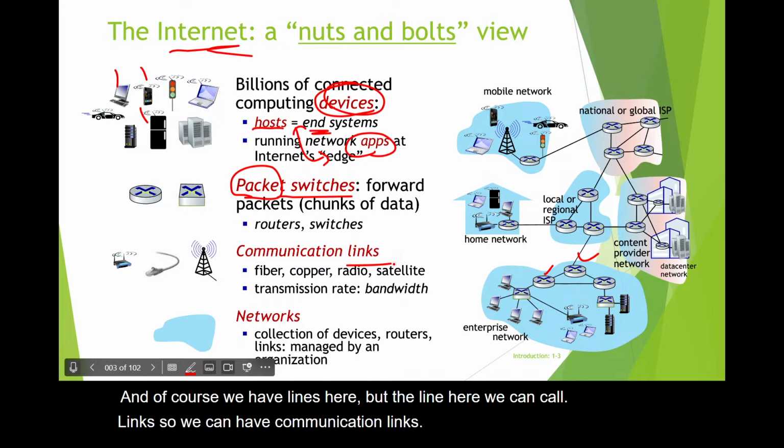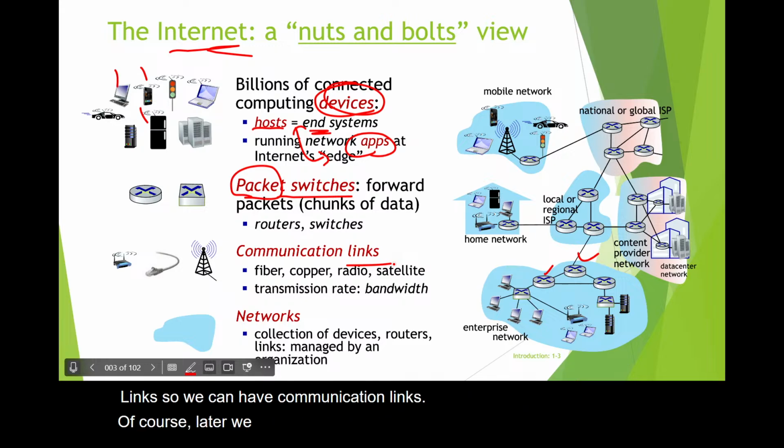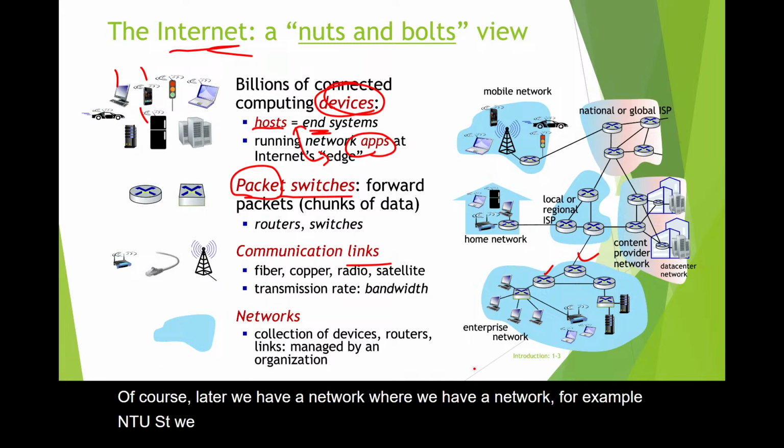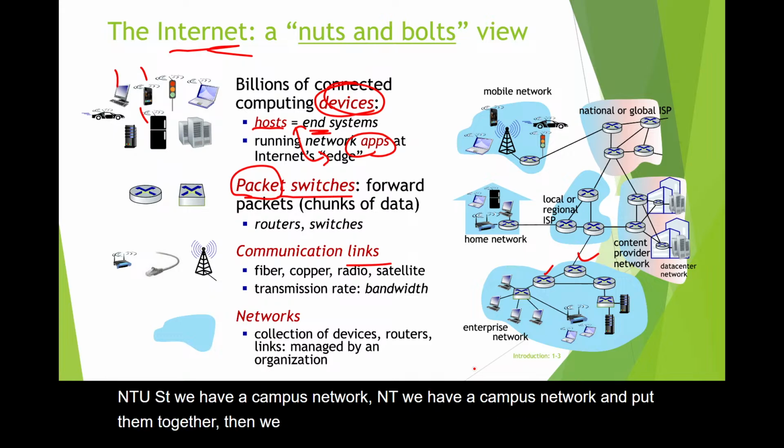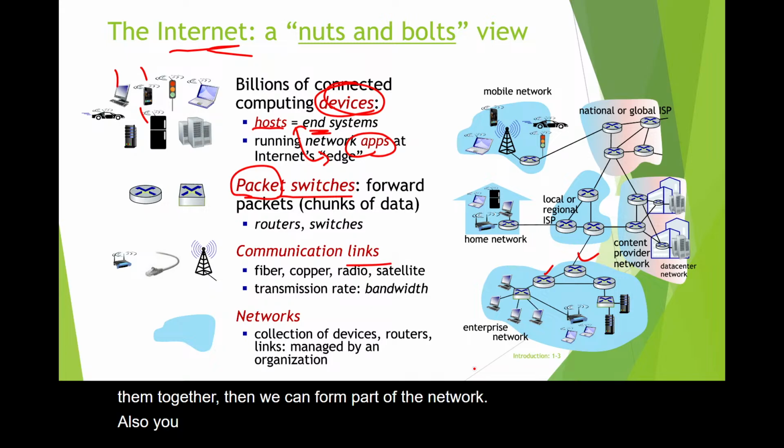And of course later we have networks. For example, NTUST has a campus network. NTU has a campus network, and putting them together, we can form part of the network. Also, you can check the network of an enterprise. So we have a lot of networks.